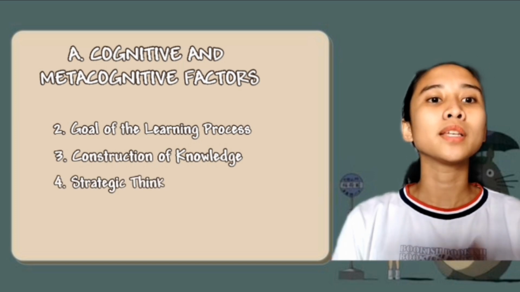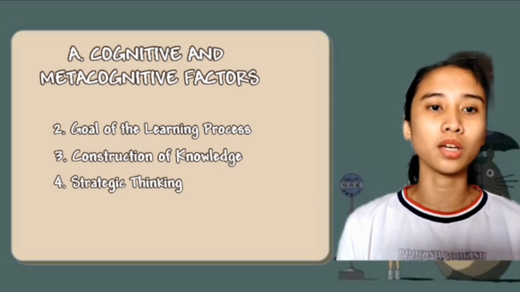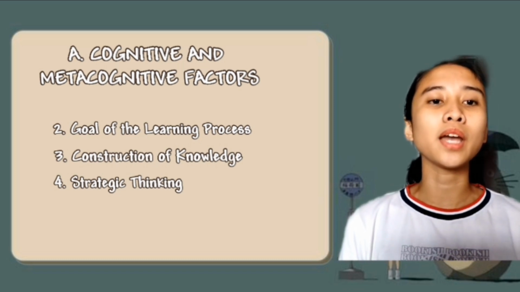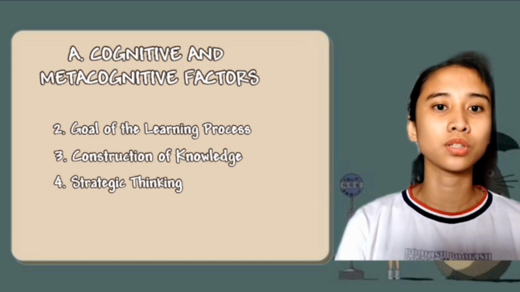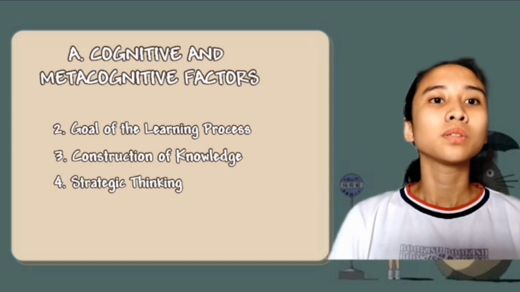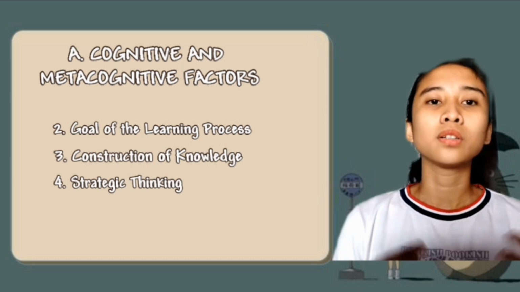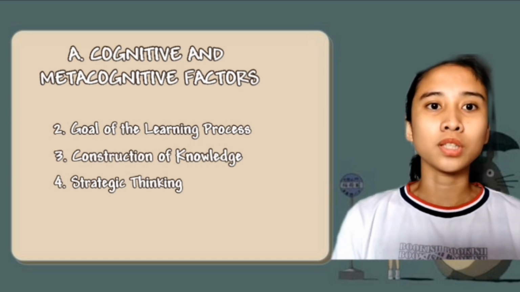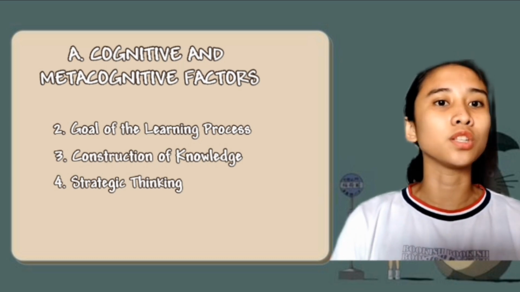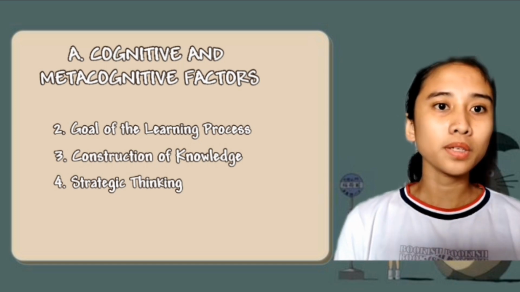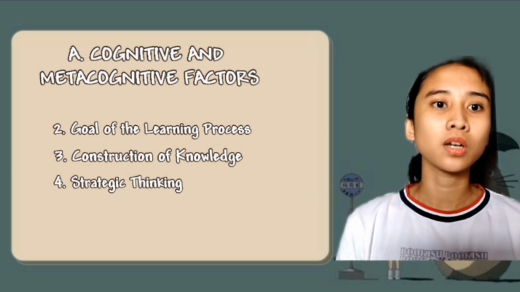Number 4, we have strategic thinking. Successful learners develop thinking and reasoning strategies to solve problems and achieve their goals. Strategic thinking involves using different learning strategies to process and apply knowledge.